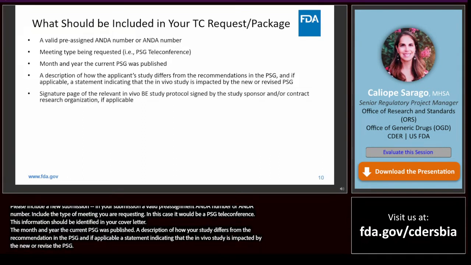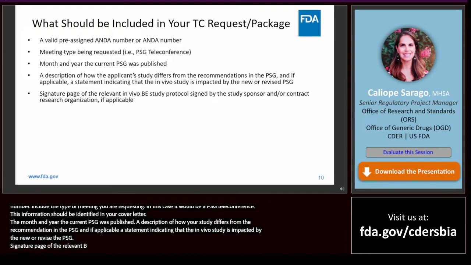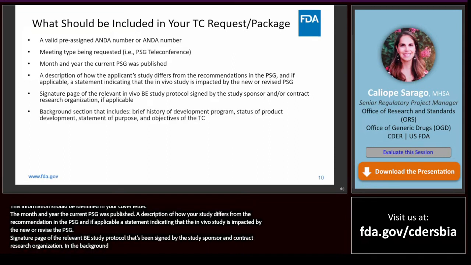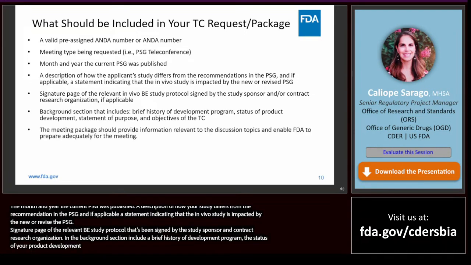A signature page of the relevant in vivo BE study protocol that has been signed by the study sponsor and/or contract research organization. In the background section, include a brief history of development program, the status of your product development, the purpose and objectives.